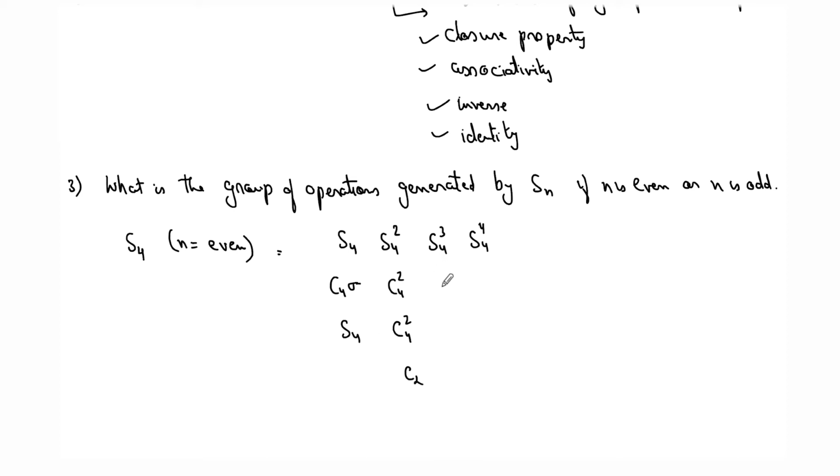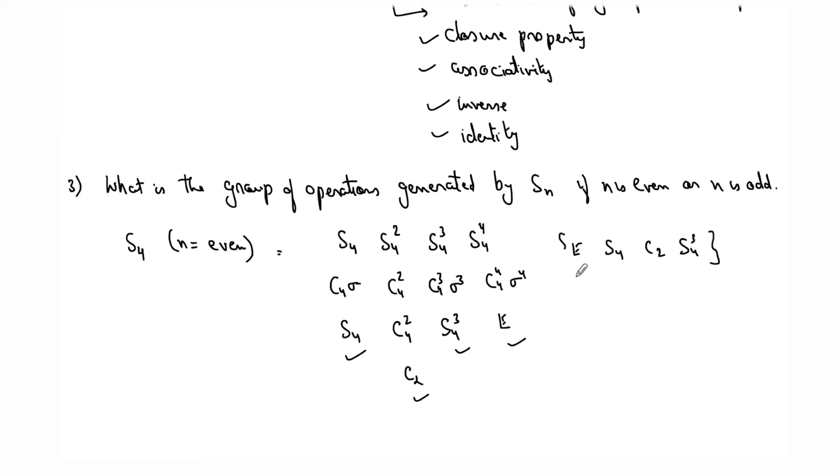S4 cube can be written as C4 cube and sigma cube, so you can simplify it as C4 cube into sigma. You cannot simplify it further, so S4 cube will be there. S4 to the power 4 will be C4 to the power 4 and sigma to the power 4. Both are E. So you have E. So generating operations from S4, you get 4 different group elements, which is E, S4, C2, S4 cube.